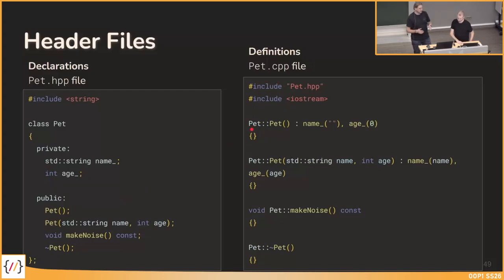And as you said, we have to use the class name and scope resolution operator to actually define elements of this class. One more thing to add. This is when you write big classes.